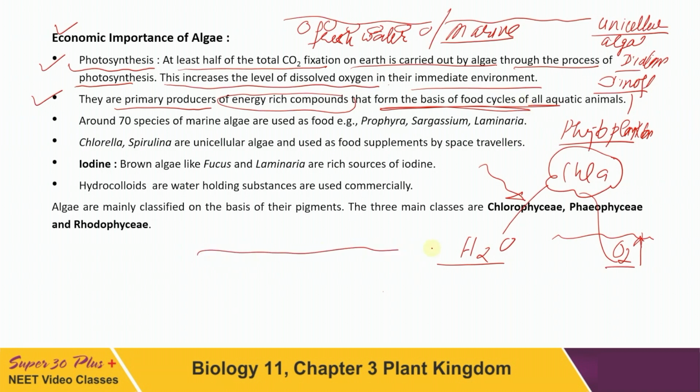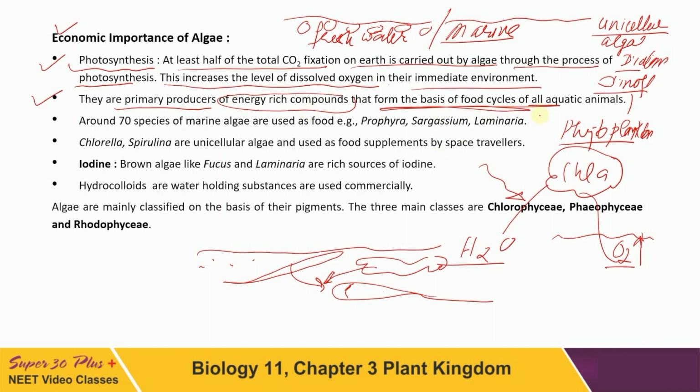This is the algae, that may be the large one, that may be the microscopic one, and these are the aquatic animals. For their food requirement, they depend on these phytoplanktons or the algae present in water. The primary producers of energy-rich compounds make the basis of the food cycle of all aquatic animals.